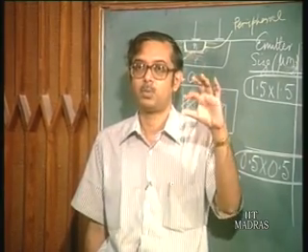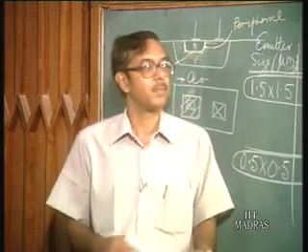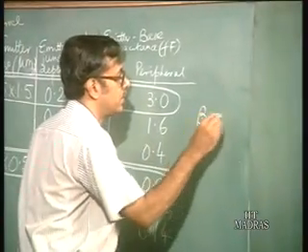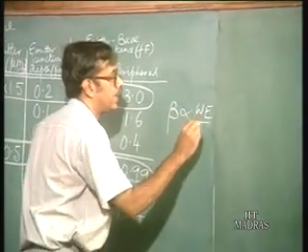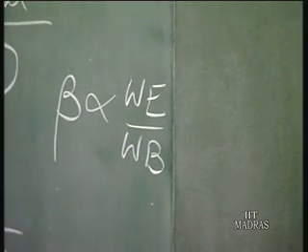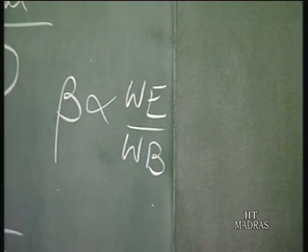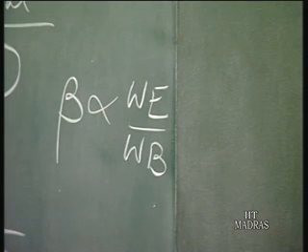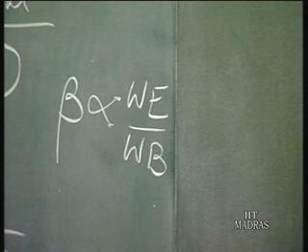So, beta is proportional to WE by WB, where WE is the emitter width and WB is the base width. So, if you reduce the emitter width in order to reduce the capacitance, the beta is going to get affected. So, from other considerations, you cannot reduce the emitter width.